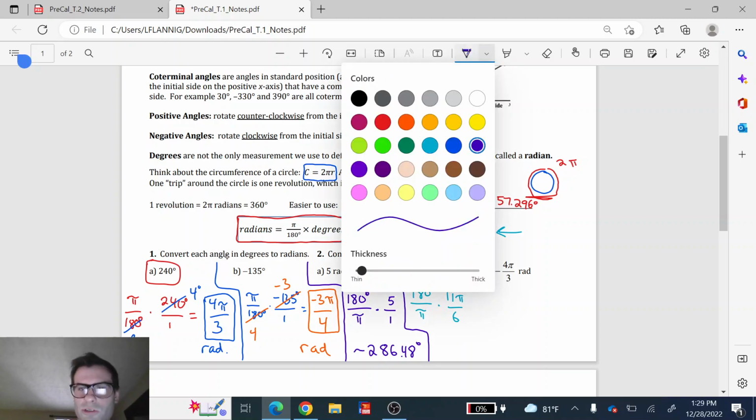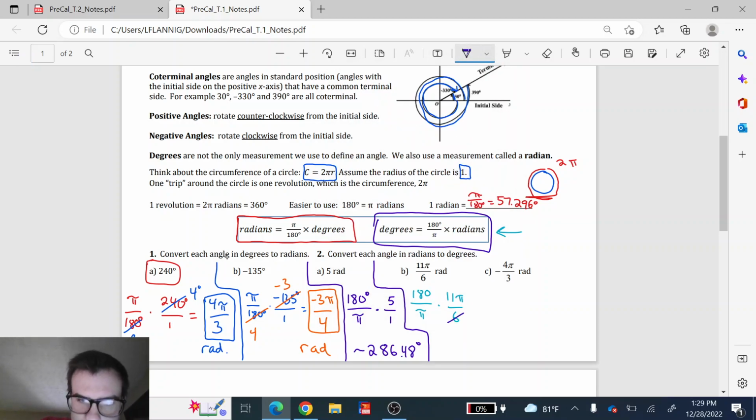So these both divide by 6, that becomes 1, this becomes 30, and these pi's cancel out, leaving you with just 30 times 11 over 1, which ends up being 330 degrees.